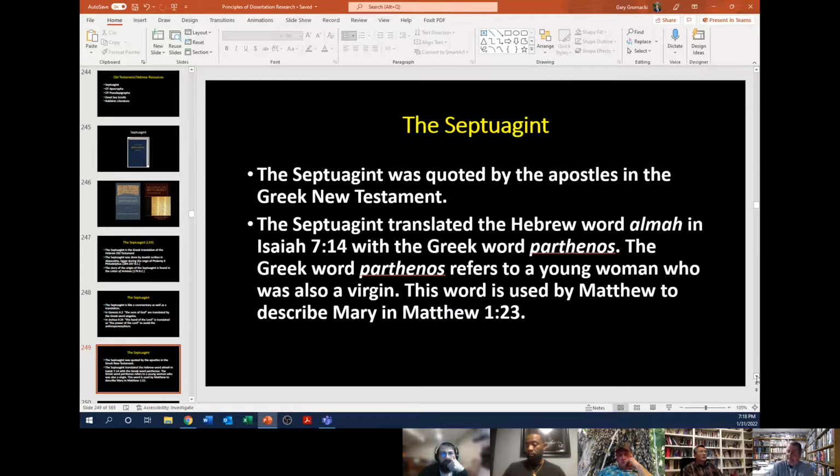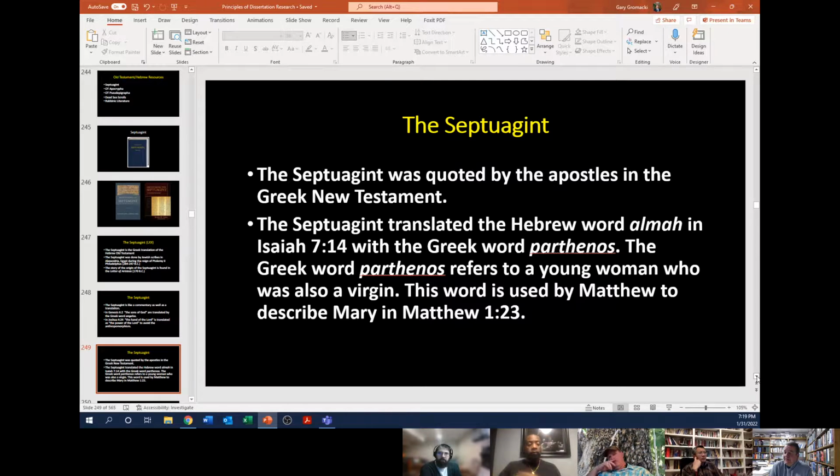So we recognize the apostles quoted the Septuagint in the Greek New Testament. So again, another reason to read and study it. Then you get into problem texts like Isaiah 7:14, the Hebrew word alma, translated Parthenos, right? So the word Parthenos refers to a young woman who was also a virgin.